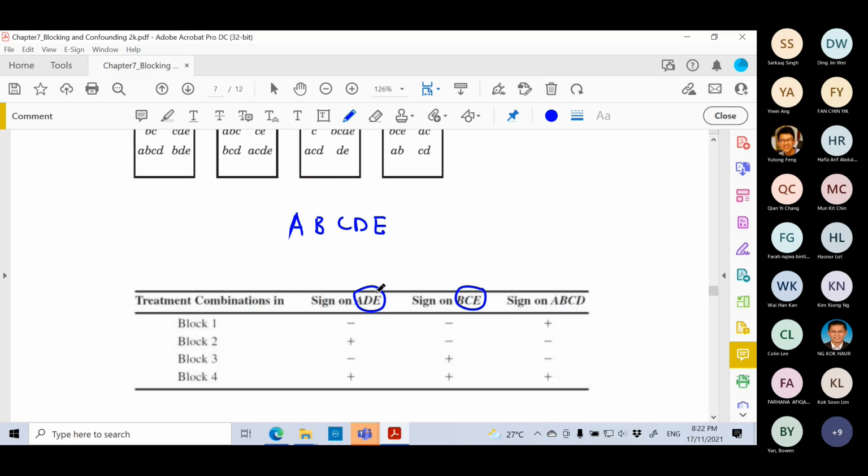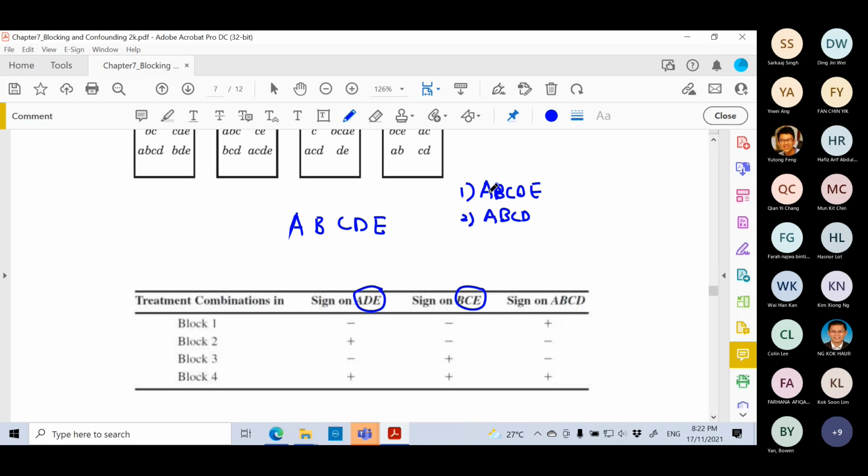That is reason one. For example, the first one I choose is ABCDE to be confounded, then you need to choose another one. For the other one, I choose the second highest order, which may be ABCD. So these two I can do the confounding.